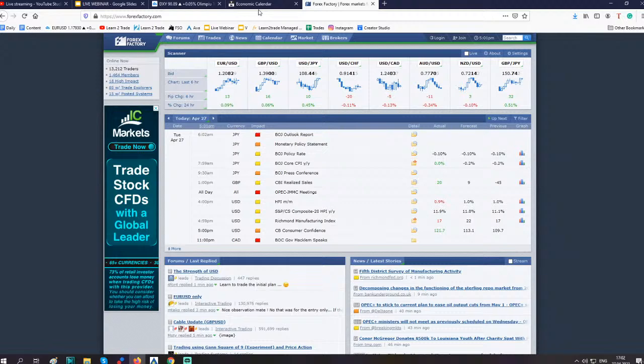A major growth, an important growth, beating expectations of 113.1. So this could be good for the US dollar in the short term. That's why the DXY could increase a little in the short term.